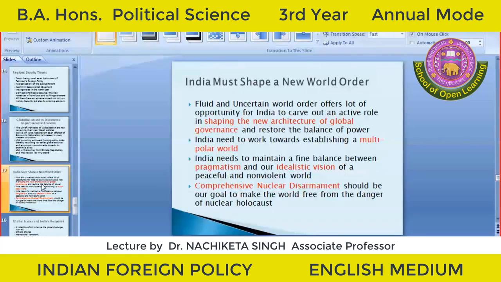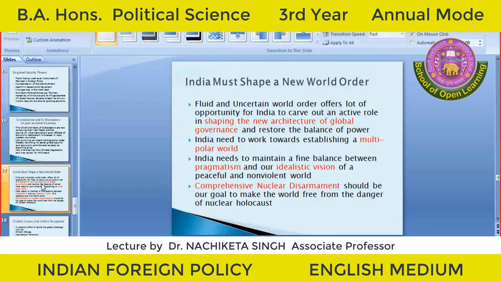Similarly, we snapped our ties with many East European countries with whom we had a relationship for our military procurements and defense needs, because our focus was now economic development, and we thought that we could give a break to our spending on defense for some time. And if at all there was need, we thought that there is a larger market outside where we can buy things from other countries.